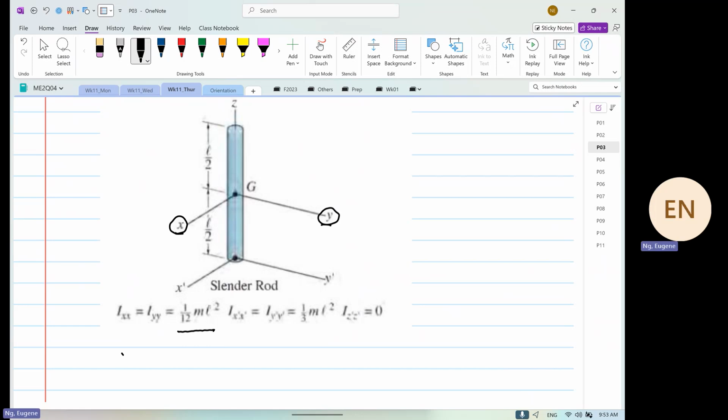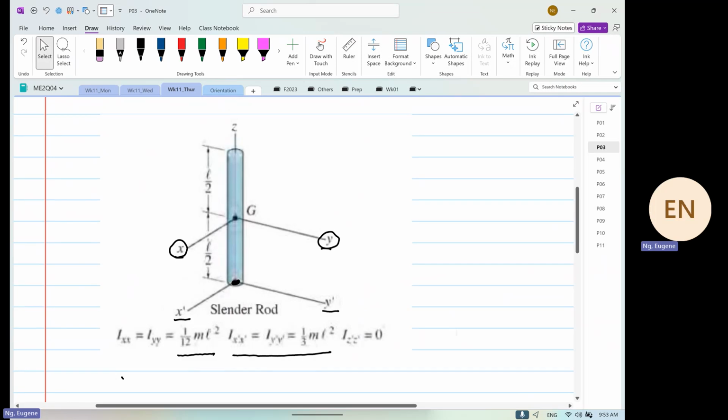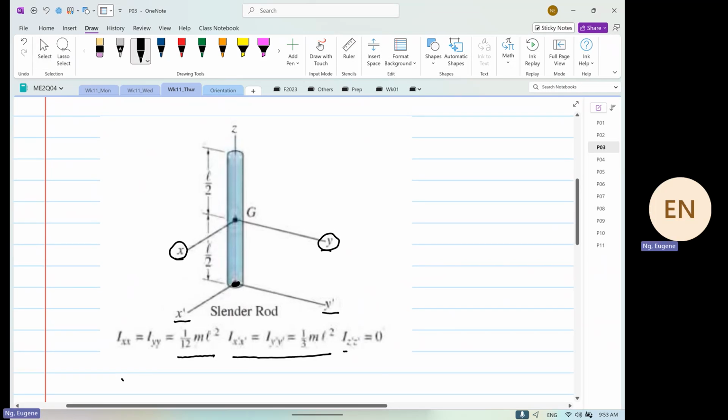And then if we are looking at this point over here, right? Then the formula that we're going to use, or the axis will be what? X prime and Y prime. Then the formula we're going to use is 1/3 ml squared. If it's along the ZZ prime axis, the moment of inertia is equal to 0. Okay.